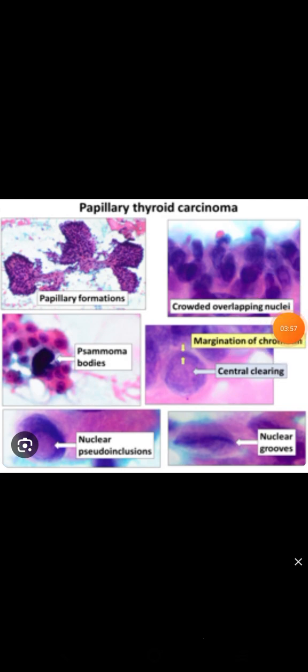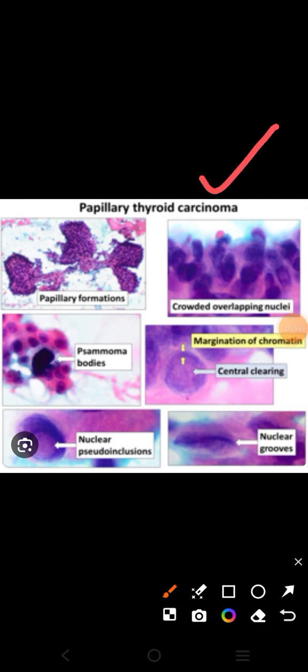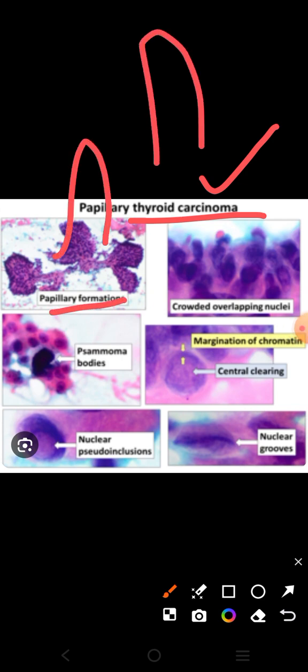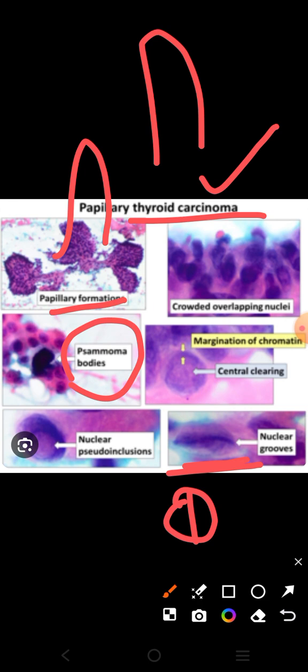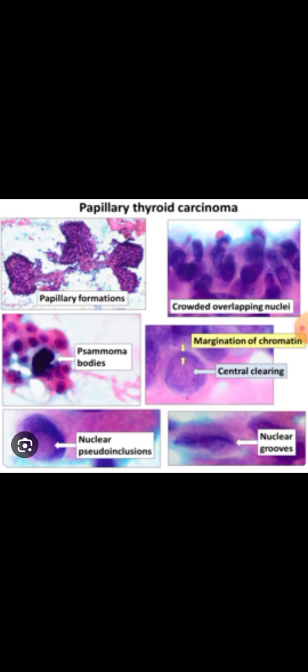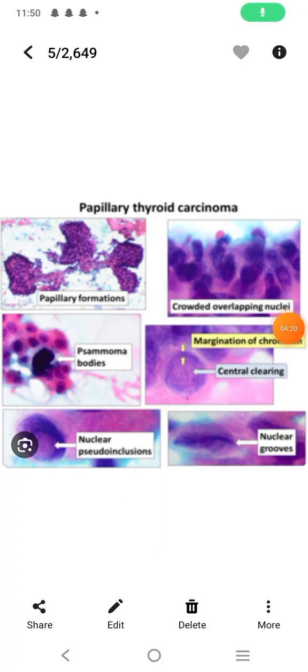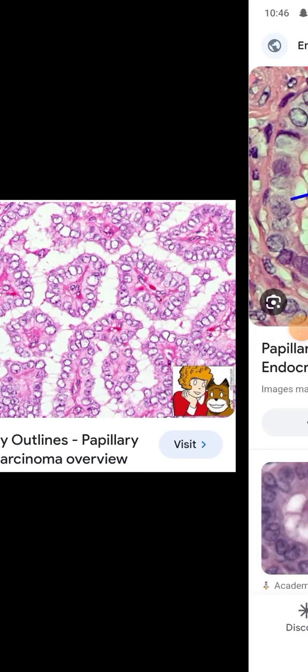Next, you can take a screenshot of the slide: in papillary thyroid carcinoma, there are papillary formations, meaning papilla-like structures like this, psammoma bodies I have shown you before, pseudo inclusions like this, and central clearing or ground glass cells. And what is this? Crowded overlapping of the nuclei. Sometimes you can also see it here.